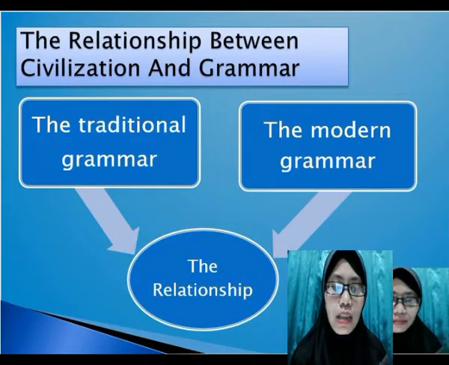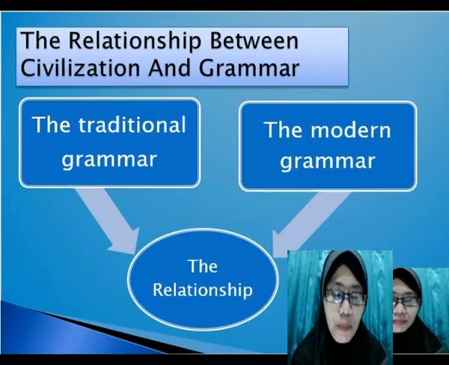Now, I will explain about the relationship between civilization and grammar. Traditional grammar refers to the collection of respective rules and concepts about the structure of language. The origins of traditional grammar can be traced back to the 15th century BC, to Aristotle and Plato and the Greeks.